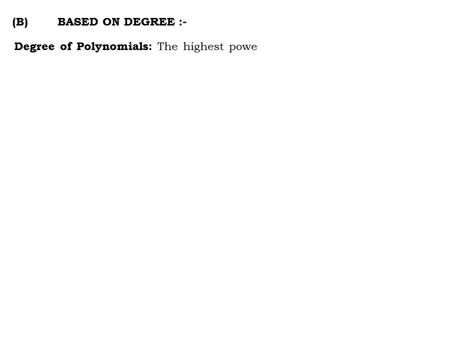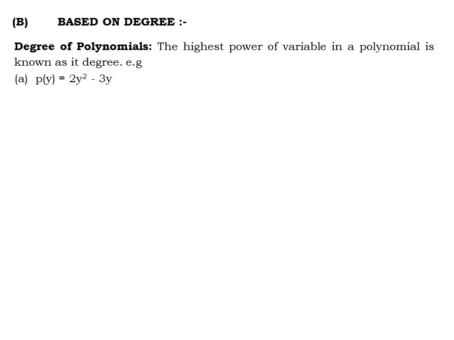Now type 2, based on degree. But first of all we have to know what degree is. The degree of a polynomial is the highest power of the variable in the polynomial. For example, first, 2y square minus 3y plus 7 is a polynomial in the variable y and the highest power is 2.